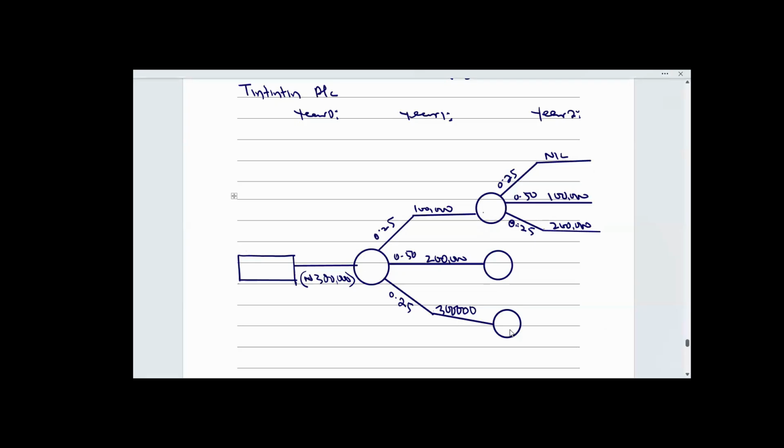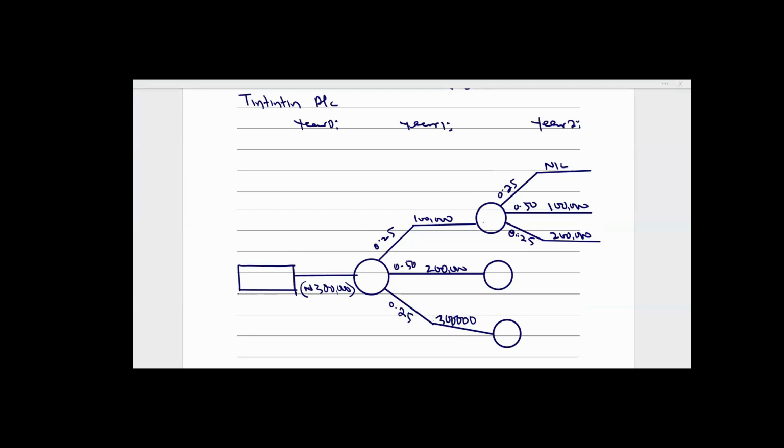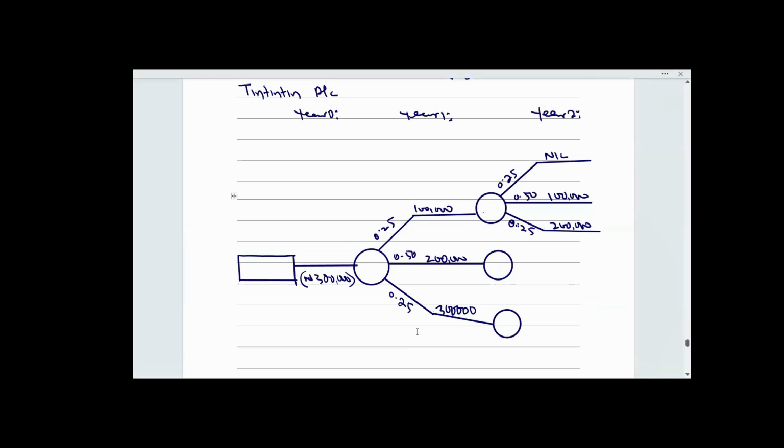Next, if cash flow in year one is 200,000, there is a probability of 0.25 that cash flow in year two will be 100,000. So here is cash flow of 200,000 for year one. You can see now, I'm getting close up. I will manage it. It's becoming tighter. So 0.25. Let me shoot it down a little bit so that I will have space there.